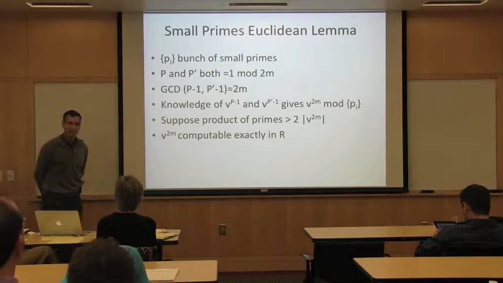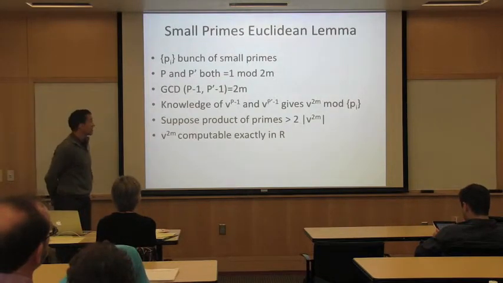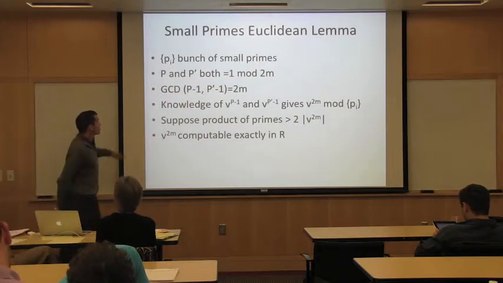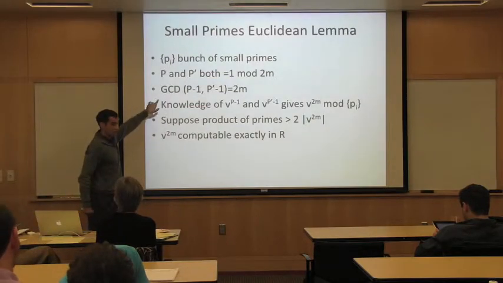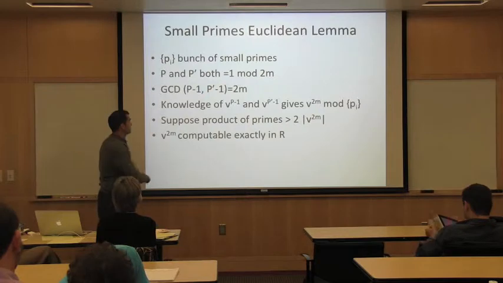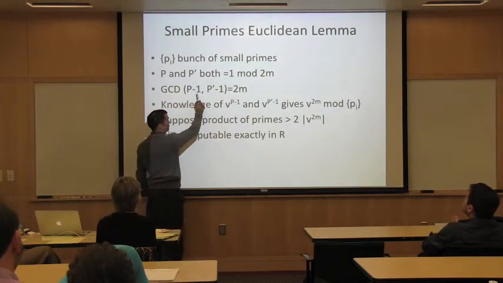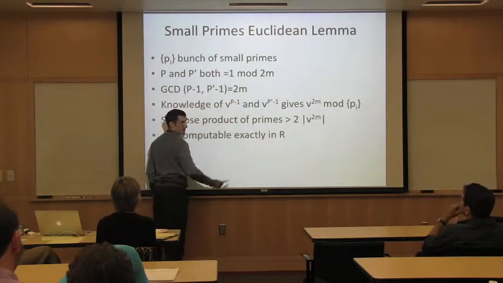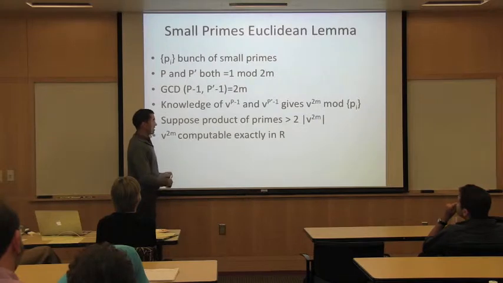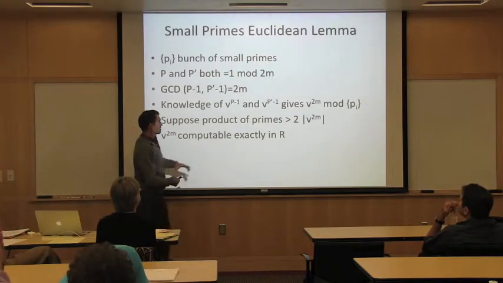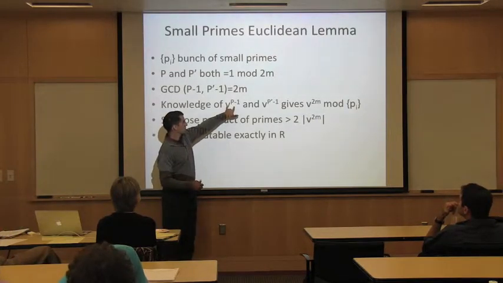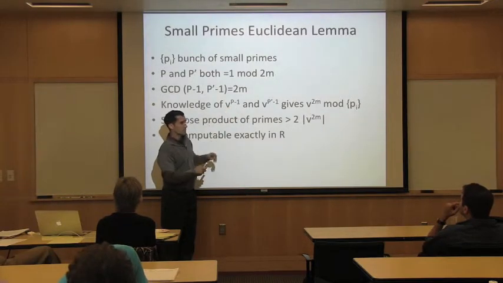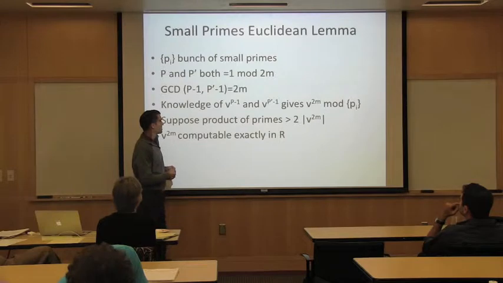Okay? So what's the point in using two p's at the end? Well, the two big ones, because you wanted the GCD of these two big humongous integers to be 2m. If you use only one, can't you choose a small one?